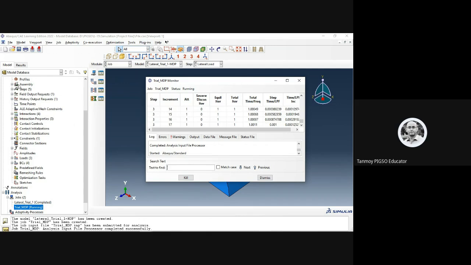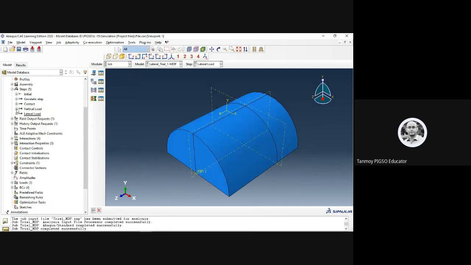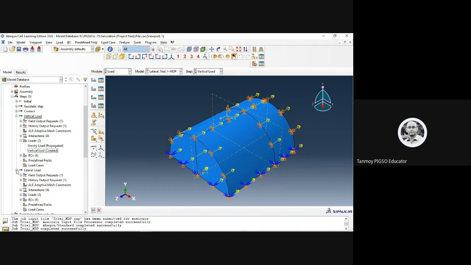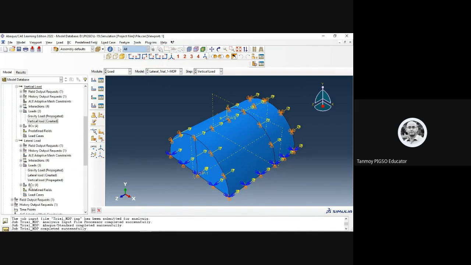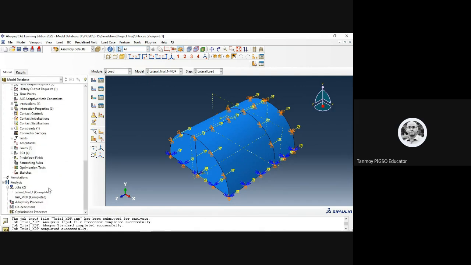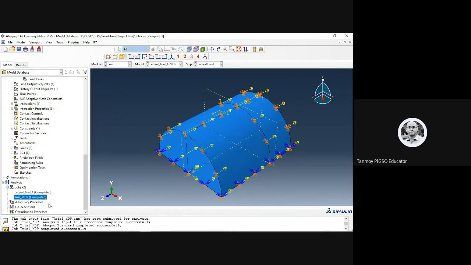In this model, the pile was subjected to a vertical load of 3 kilonewton downward, and the lateral load was applied as 30 kilonewton. This is quite small, so I'll just increase it to some higher values and then rerun.